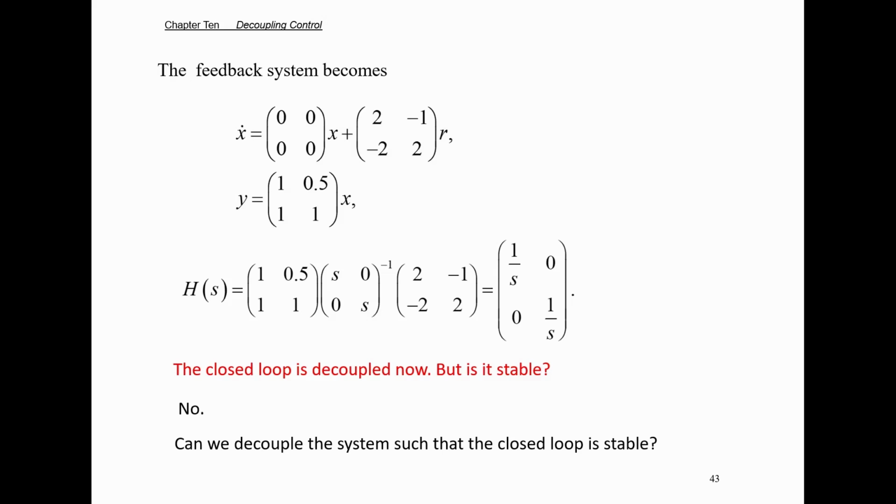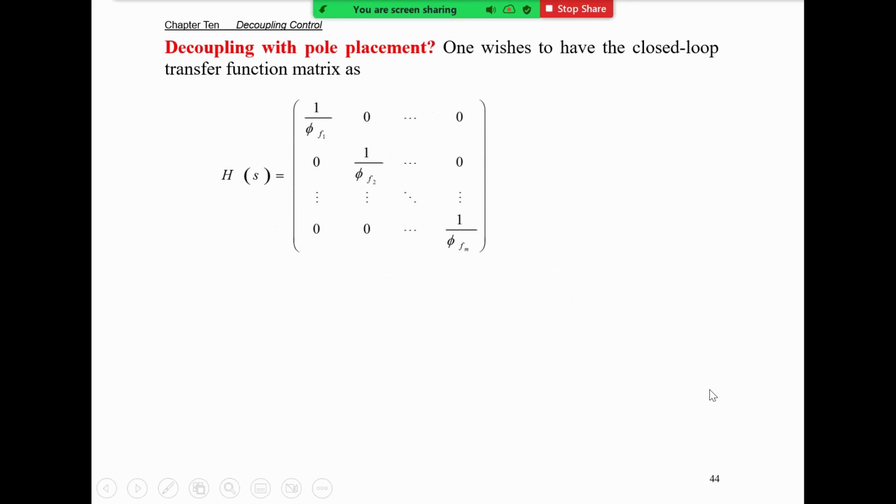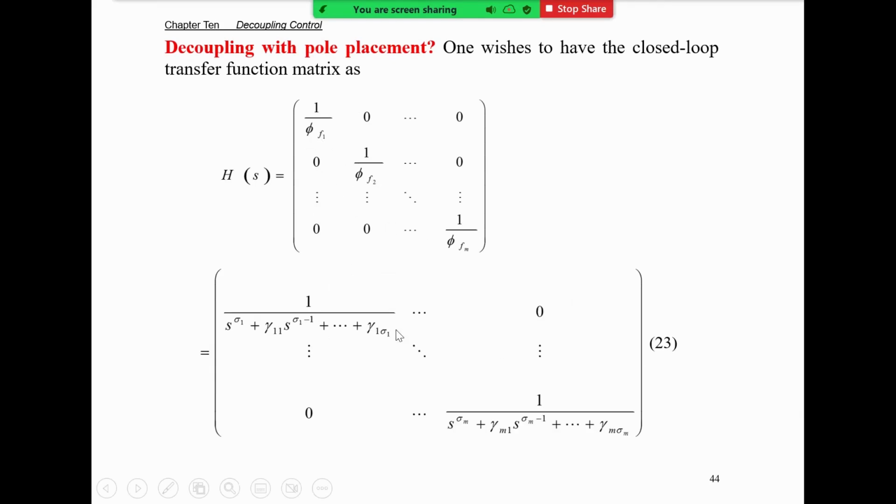So therefore, can we do decoupling with pole placement, right? We not only decouple, but also make sure that it is stable. So once we have the closed loop transfer function, for each individual transfer function, those polynomials, you want to make them stable, not just an integrator.